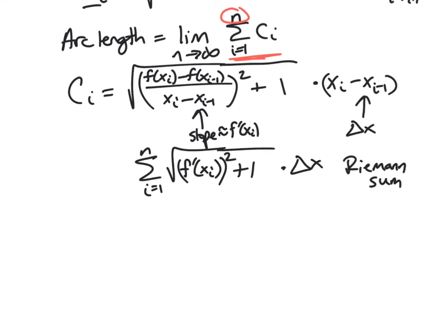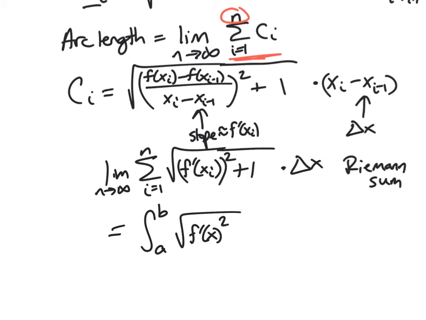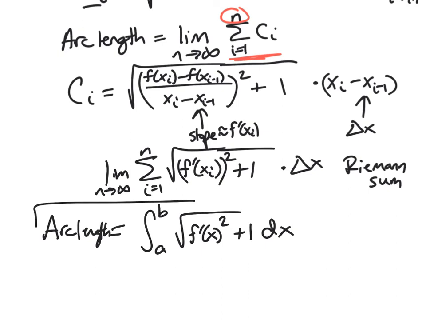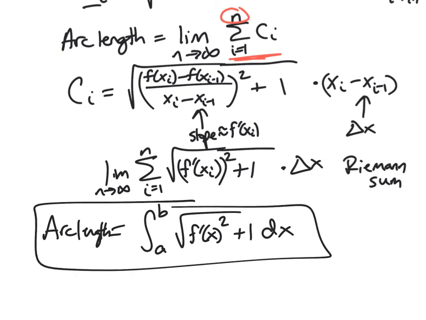And so when we take the limit as n goes to infinity, this is exactly your integral, on whatever interval from a to b you're trying to get the arc length on, of the square root of f prime of x squared plus 1 dx. And so this is our arc length formula in general, which seems nice, except that in general it is very hard to compute. For most examples, it's actually not going to really be possible.